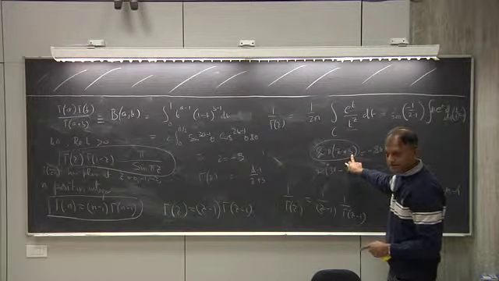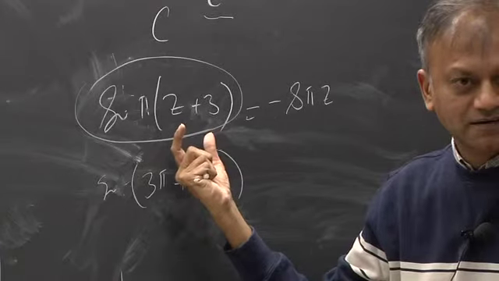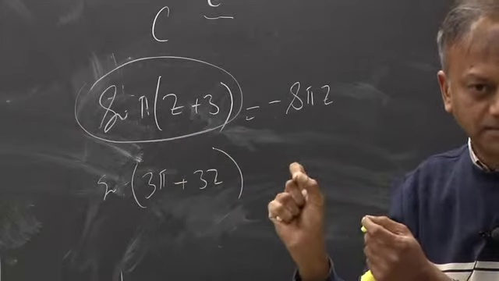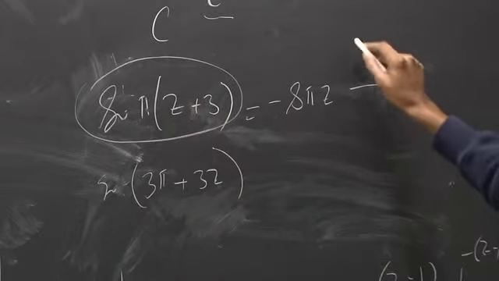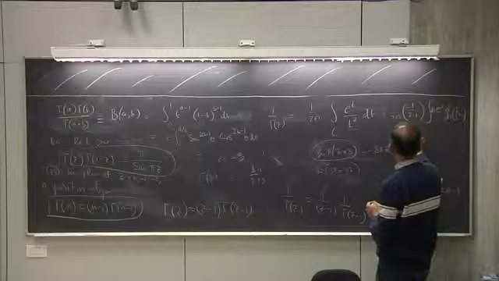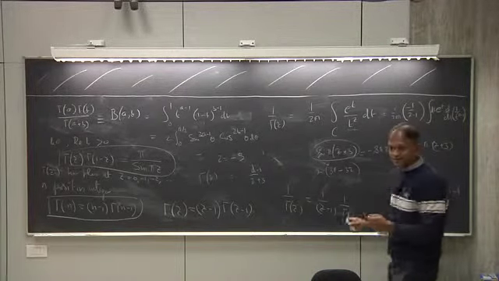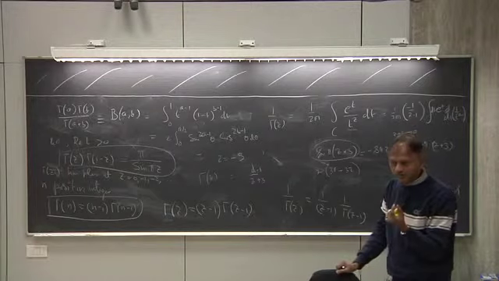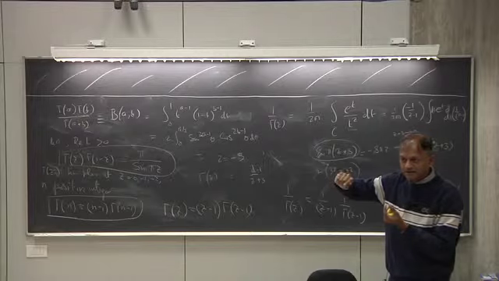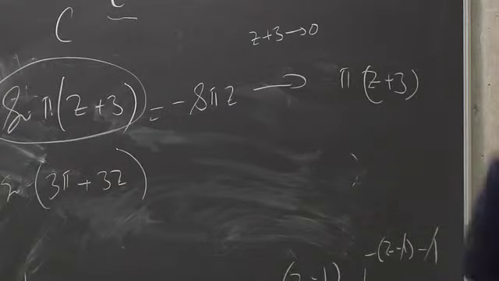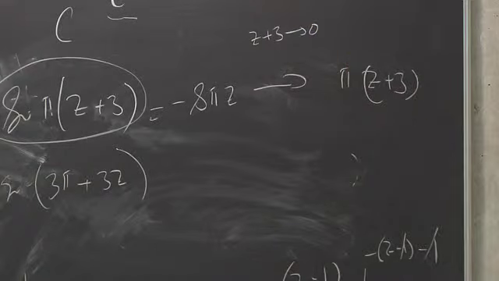Now you're looking at the situation where z plus 3 goes to 0, because we are looking at z near minus 3. As z plus 3 goes to 0, sine behaves like pi times z plus 3. Because if you make an expansion of sine, it starts with the linear term, then the cubic term, then the fifth order term, but when the argument is very small, the linear term dominates.